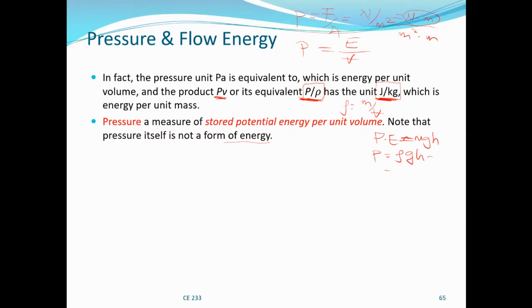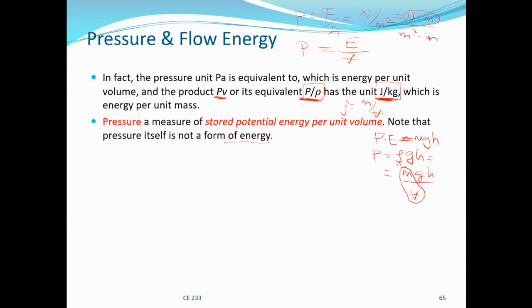And this is equal to, per unit mass, energy, which is mgh over volume. Here rho is now density.